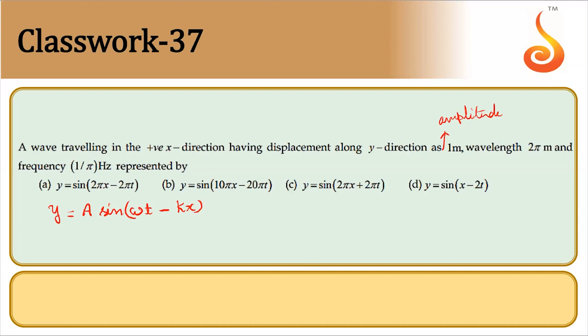If a is 1 meter, it should be 1 sine of omega, which is 2 pi into f. F is 1 by pi, into t. Anyways, all are in the form of kx minus omega t. It doesn't make any difference whether it is kx minus omega t or omega t minus kx, it will be the same.